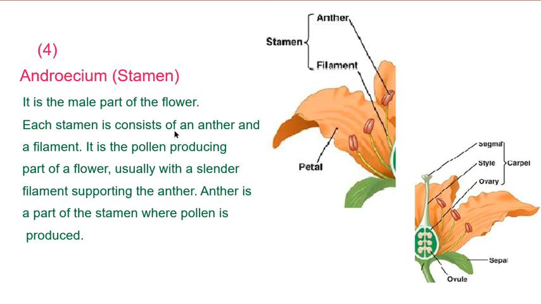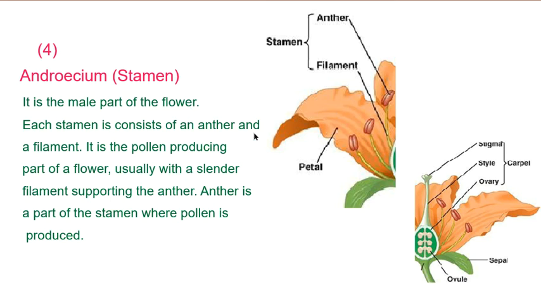Each stamen consists of an anther and a filament. It is the pollen producing part of the flower, meaning inside this bilobed structure pollen grains are produced. Pollen grains are a granular powder, and when they are released they somehow reach the stigma and reproduce sexually.